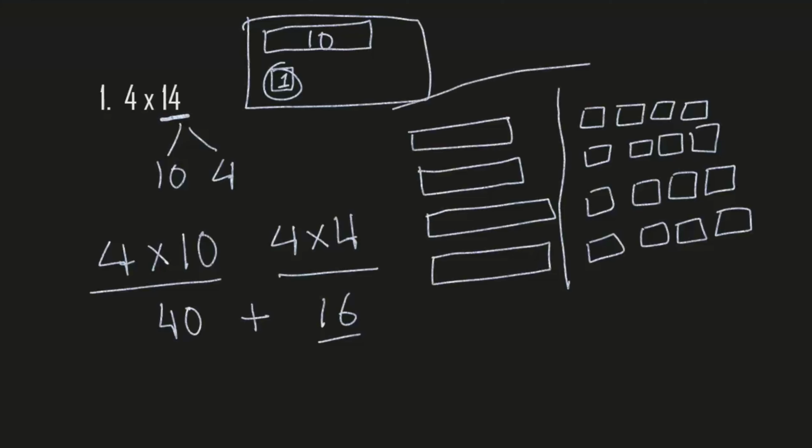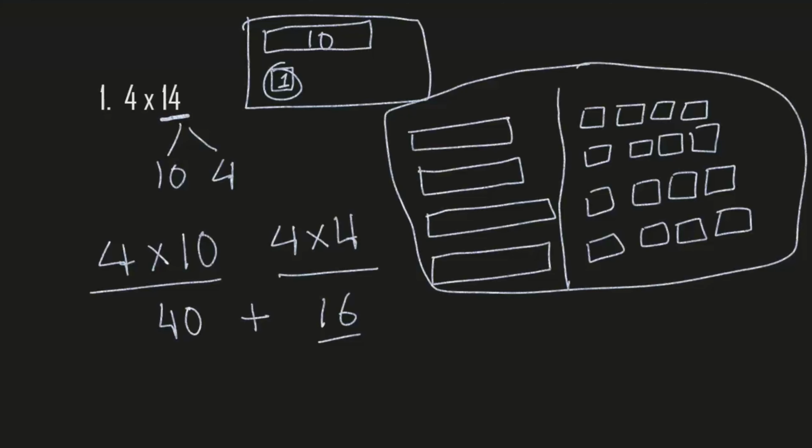So this is our array right here. Now let's figure out the answer. Well, now you can either count the array or you can just add 40 and 16. Whichever one you do, our answer is going to be 56. So let's write it right here.